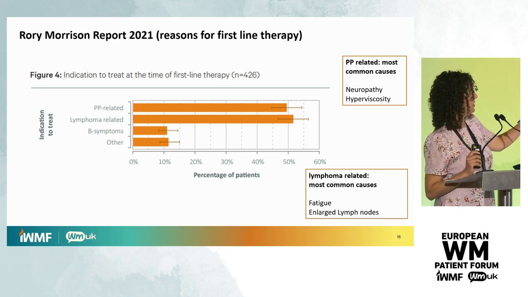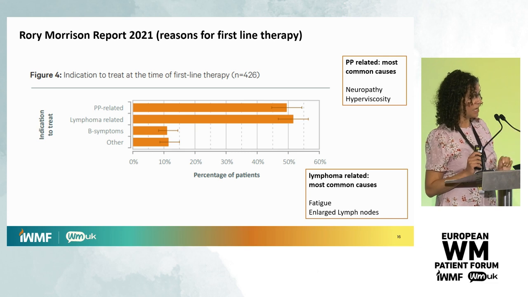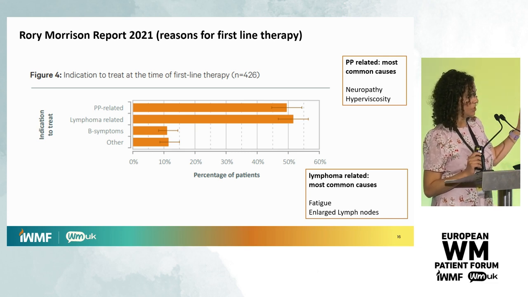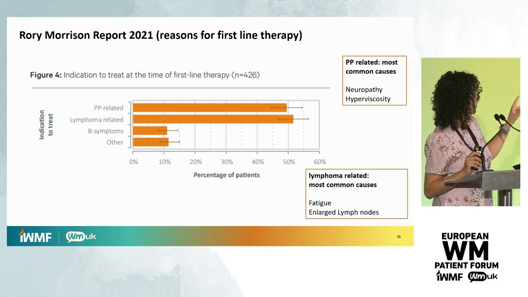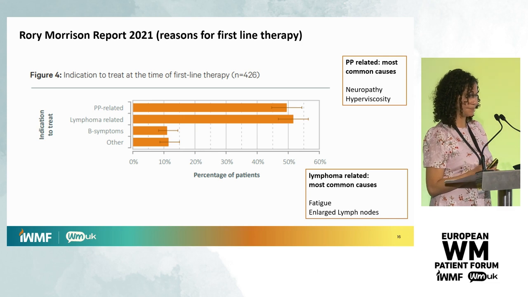The most common paraprotein related reasons were neuropathy and hyperviscosity. And in terms of the lymphoma related ones, the most common reasons were fatigue and the enlarged lymph nodes, with fewer patients having treatment because of B symptoms.